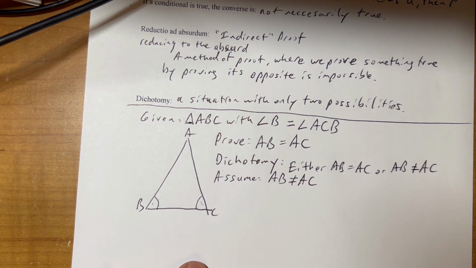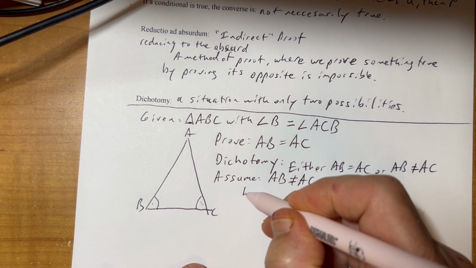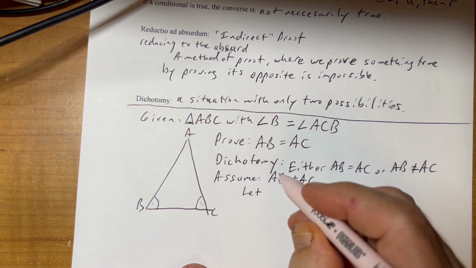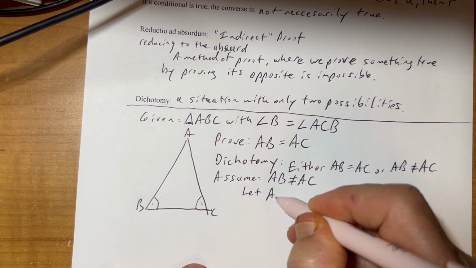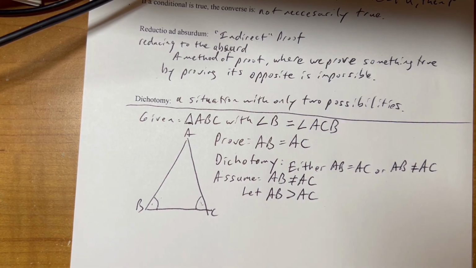All right. Now, if AB does not equal AC, that means one of them is bigger. It doesn't matter which one is bigger. We're just going to let AB be the bigger one. Let AB be bigger than AC. Well, what does Euclid do when he has one line bigger than another?